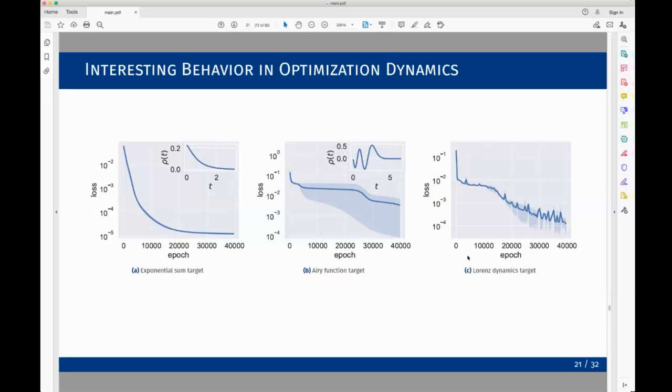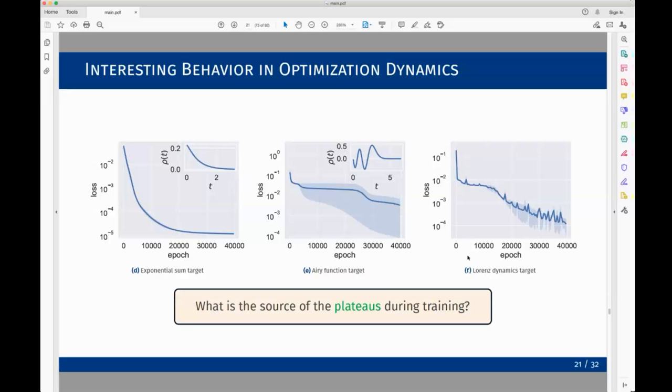So our question is: what is the source of the plateaus during the training? Apparently for certain functionals there's no plateau, and for certain functionals there is. Our answer will again be related to the memory factor introduced in the first part, the approximation part.